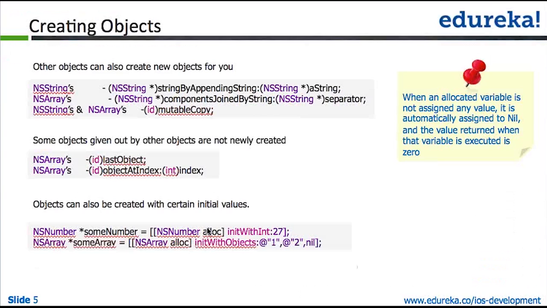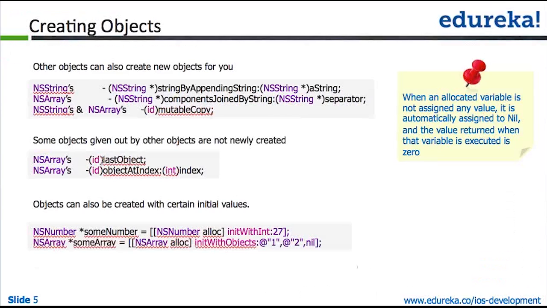Now the other way of doing it is by accessing it from any other object. So for example, an NSString can also be created by accessing an object in the NSArray object. NSArray is a collection of objects, and there are methods in NSArray like lastObject.